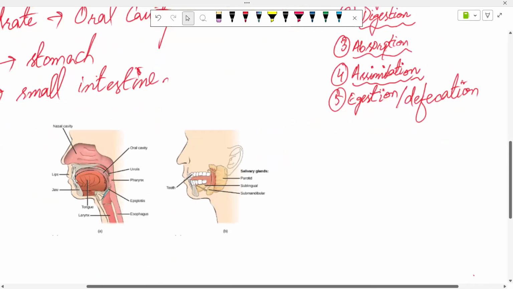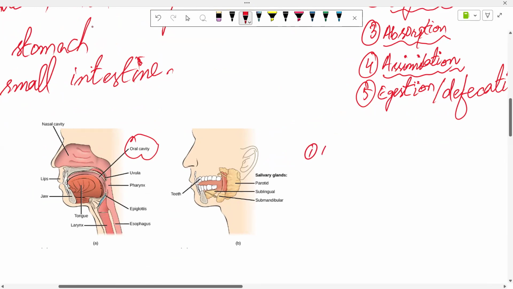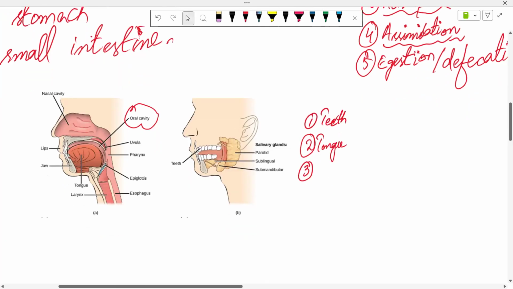Now, starting from the oral cavity. This oral cavity has, number one, teeth for grinding, mastication, and cutting. Number two, tongue for the mixing of the food with the enzyme and other secretions.